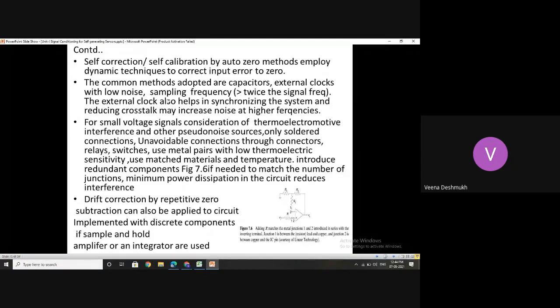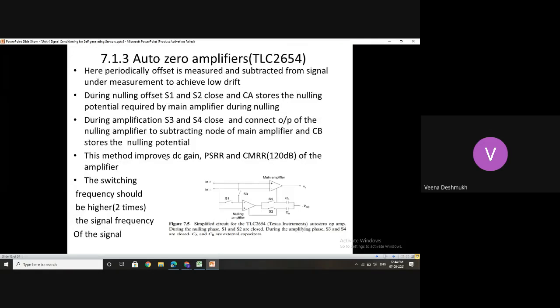So this self-correction and self-calibration mechanism is always there in these ICs. So here we have shown, with the help of the capacitors, we are achieving this auto zero correction.